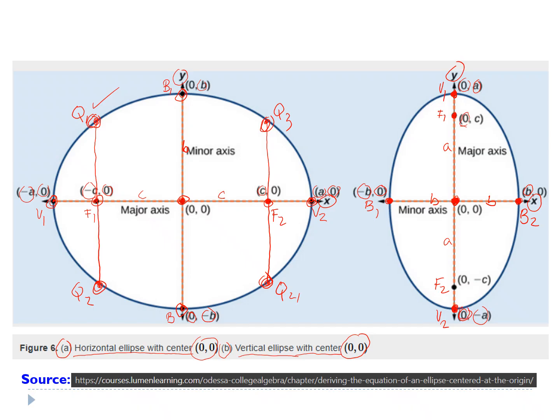But in terms of the ordinate, it is the distance from the center of this ellipse towards f1. So going up, positive, because this is above the x-axis, we have positive c. But going down, this is negative c, below the x-axis.